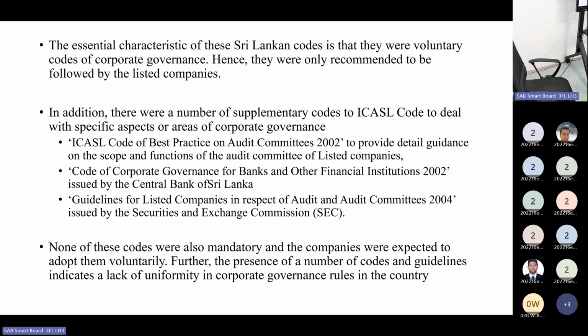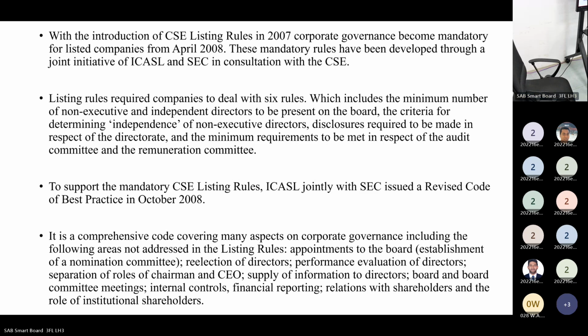Later on, with the introduction of the CSE listing rules in 2007, corporate governance became mandatory for listed companies in April 2008. These mandatory rules were developed through a joint initiative of the Chartered Institute and the SEC in consultation with the Colombo Stock Exchange, the CSE. The SEC is the authority.